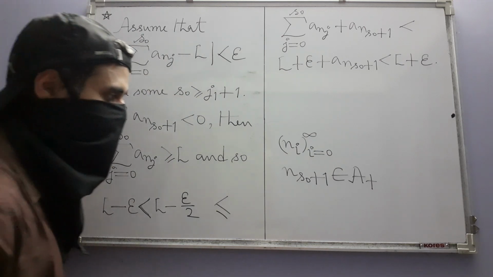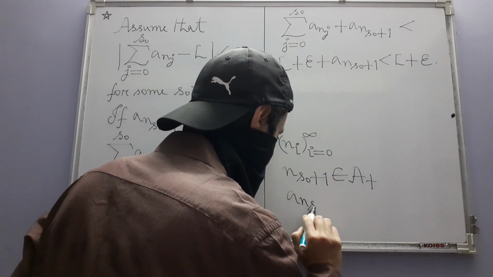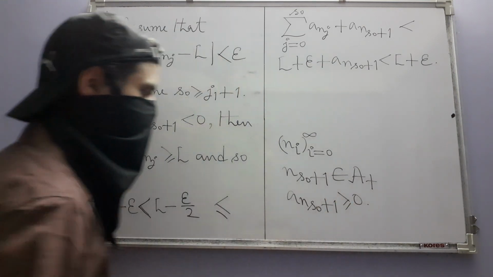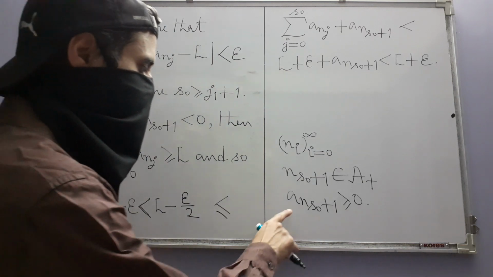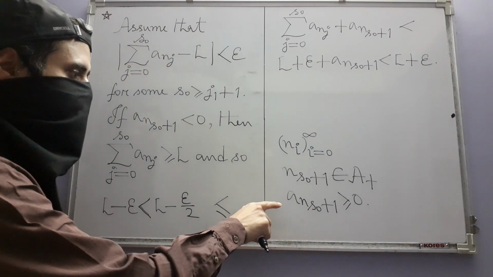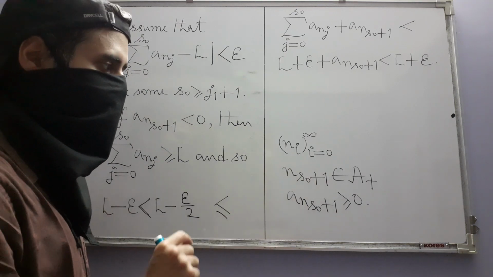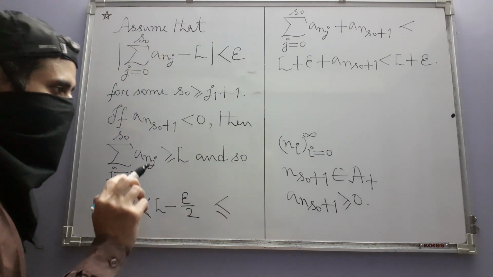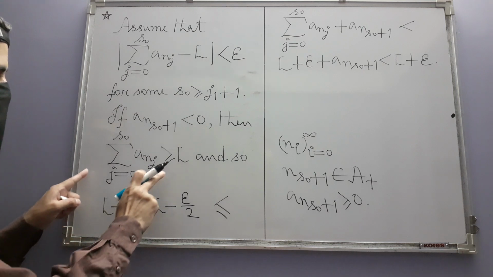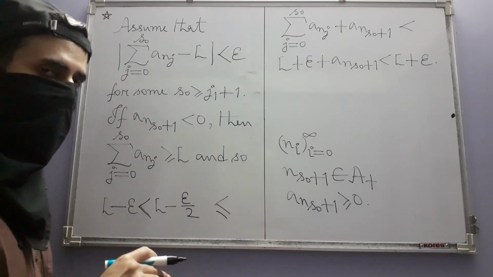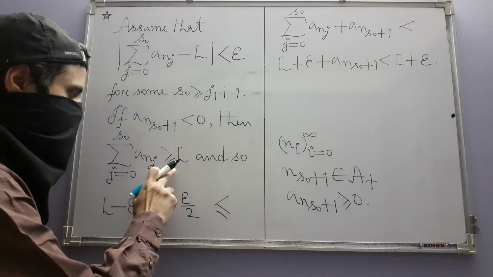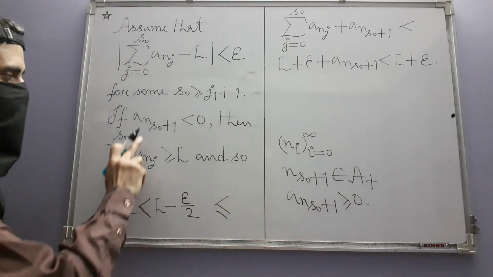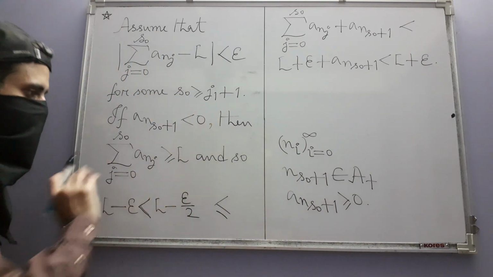And that just means that a n S naught plus 1 would be non-negative. So if a n S naught plus 1 is negative, then it could not have come from A plus. It has to come from A minus. And that happens only when we have this, because this falls under case 2. The other inequality will fall under case 1 and we will end up having this, but this is not what we have. So that's why we are having this.